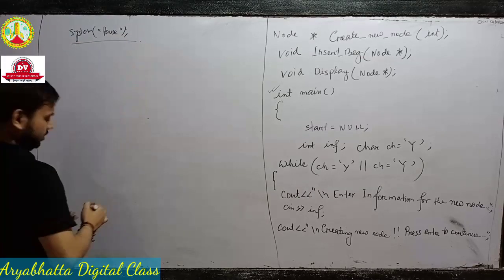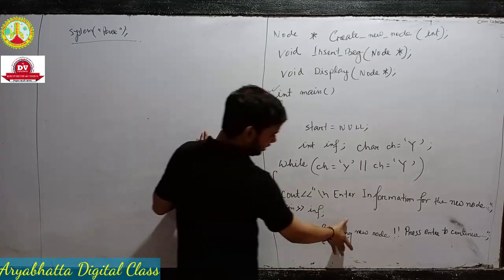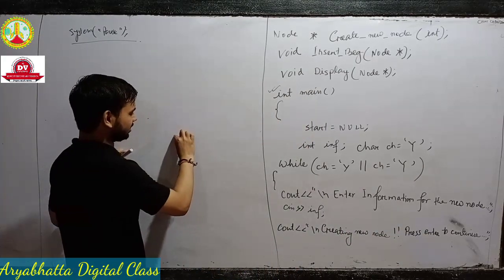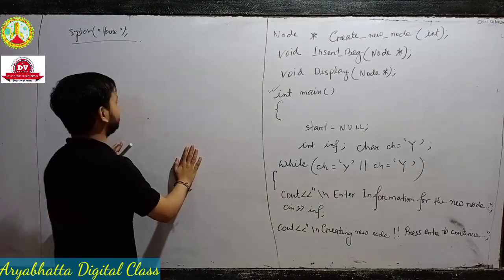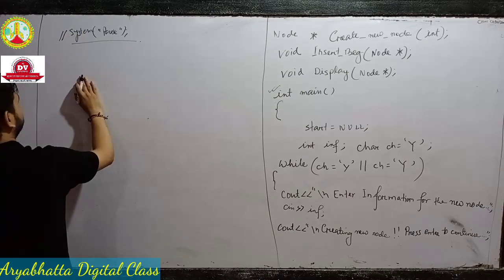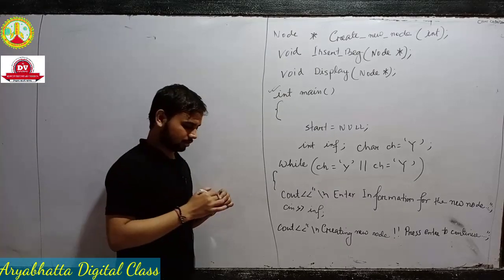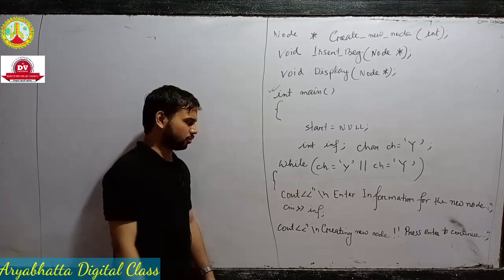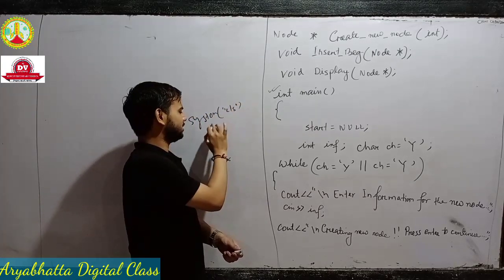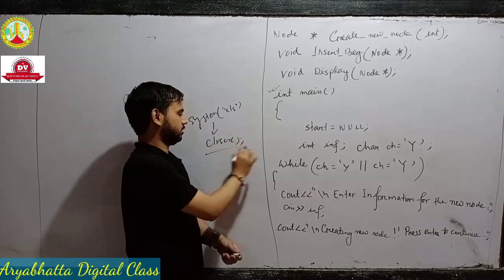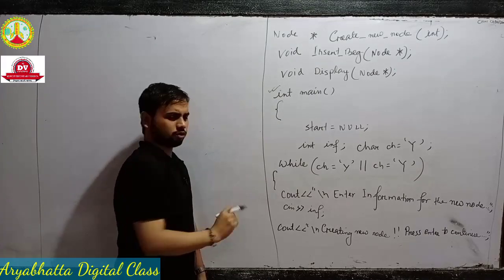System pause means, when you run the program, after printing this line, creating new node, press enter to continue, for some time it will be paused. This is not essential, this is optional. But in the book they write system pause. They also use system CLS, which is the same as CLRSCR here. System CLS means clear the screen, and system pause means pause for some time.